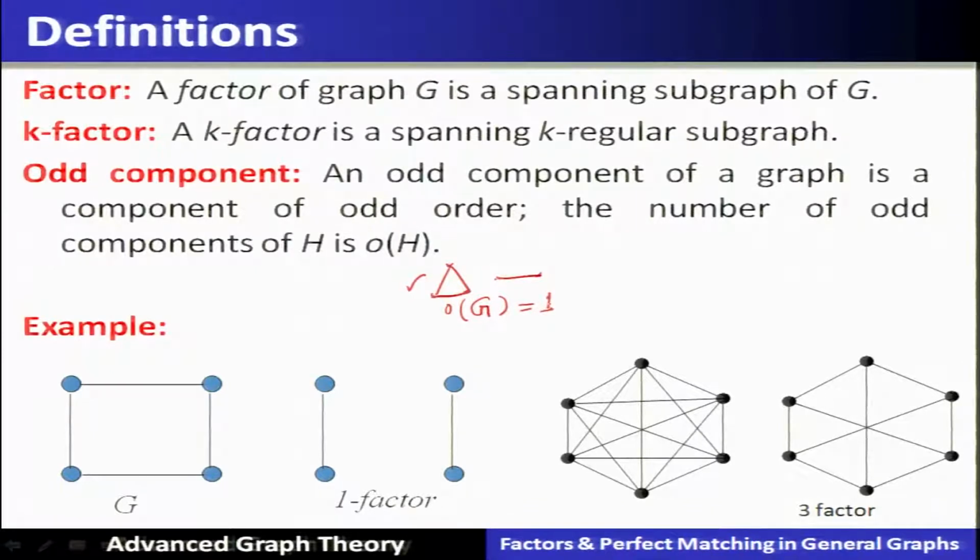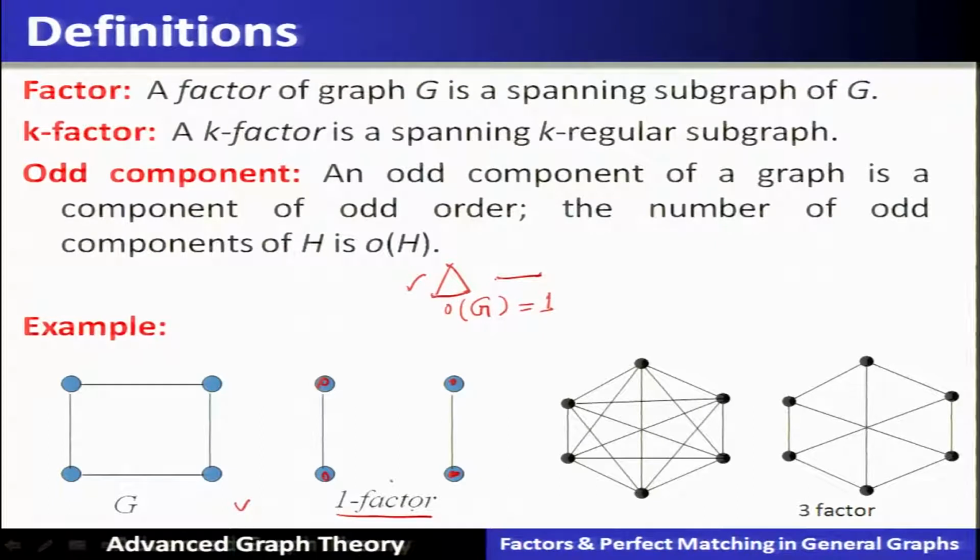Similarly, in this example, let us see what a one factor of a graph G is. In this given graph, we want to find a spanning subgraph. This spanning subgraph will include all four vertices.